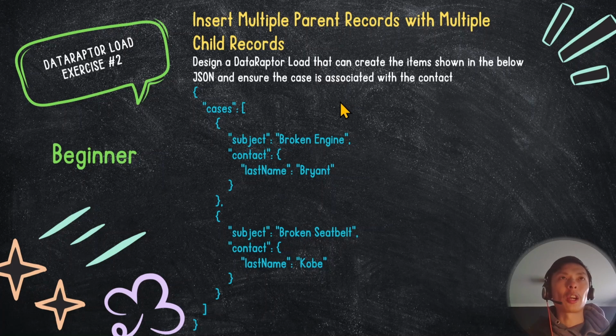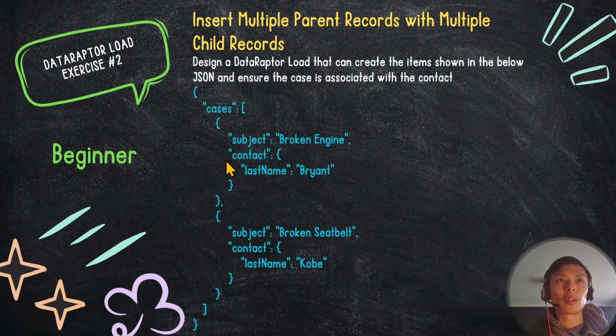Exercise number 2. In this exercise, we will be inserting multiple parent records with multiple child records. Again, designing a DataRaptor load that can create case records and the associated contact record. Under the case, we have 2 case objects that we will be creating, one with the subject field broken engine and the other one with broken seatbelt.